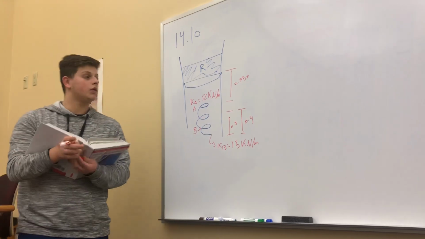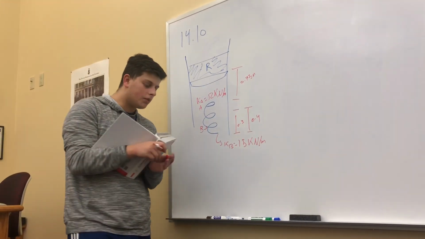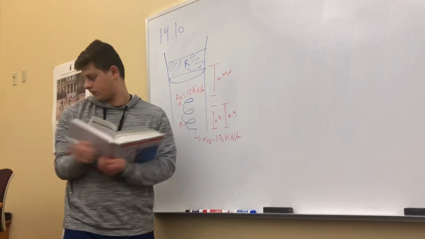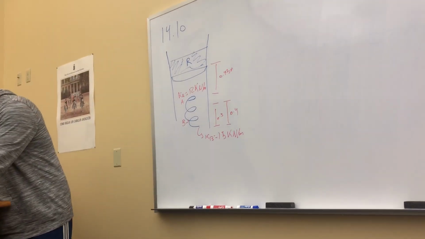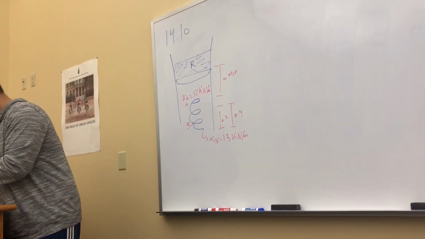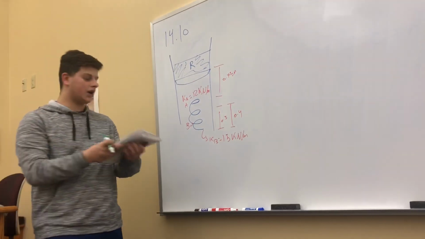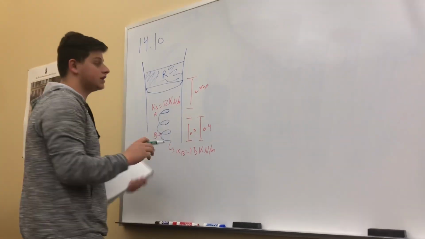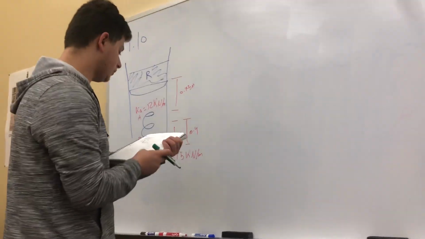So now we want to come here and solve the problem. A is compressed by the distance S_A, and B compresses S_B, which is equal to S_A minus 0.1.